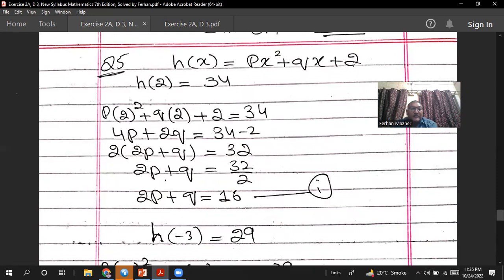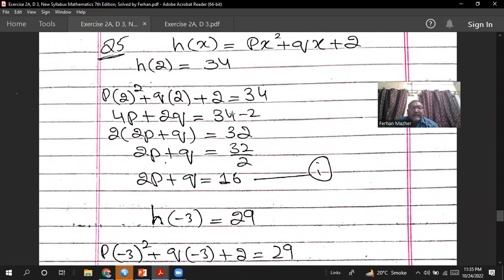That's the first equation. Then they say h of minus 3 is equal to 29. So we will have p bracket minus 3 bracket close whole squared plus q bracket minus 3 bracket close plus 2. In the expression of the function, I have substituted x with minus 3, so that will be equal to 29.